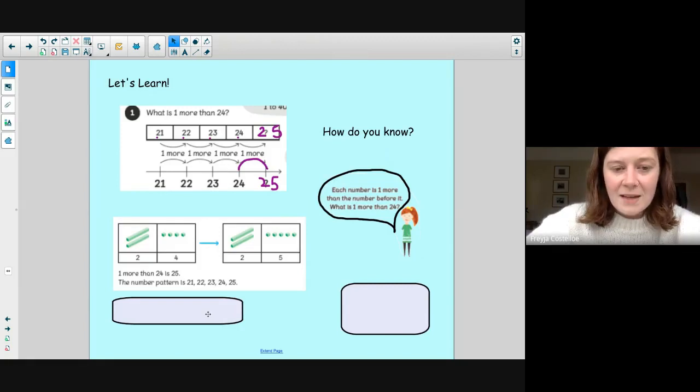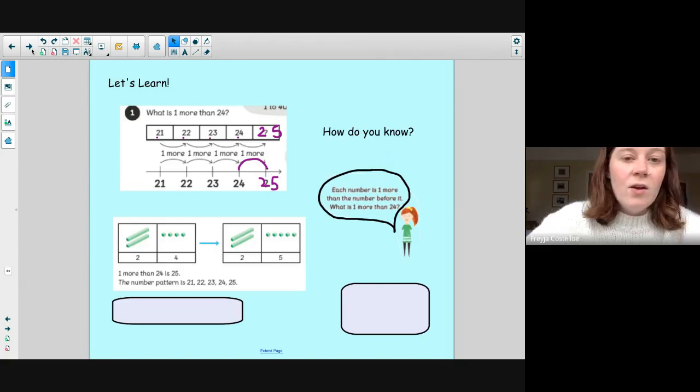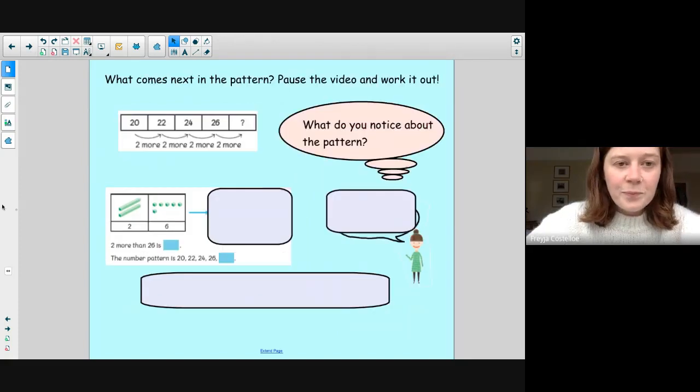Let's say this together. The number pattern is 21, 22, 23, 24, 25. Okay, and that might go on. If you can carry that on, then please do.